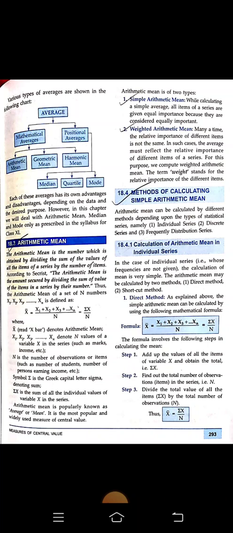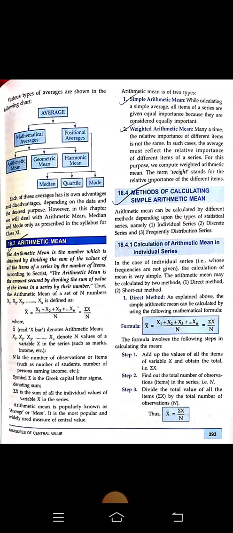In the weighted arithmetic mean, many a time the relative importance of different items is not the same. In such a case, the average must reflect the relative importance of different items in a series. For this purpose, we compute the weighted arithmetic mean. The term weight stands for the relative importance of the different items.